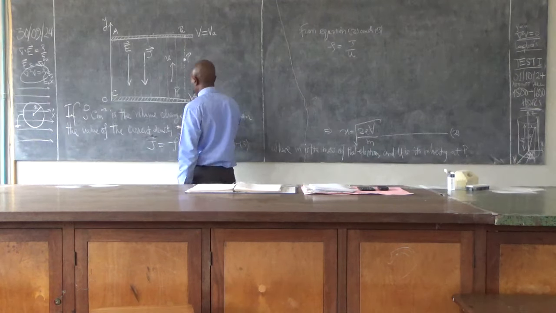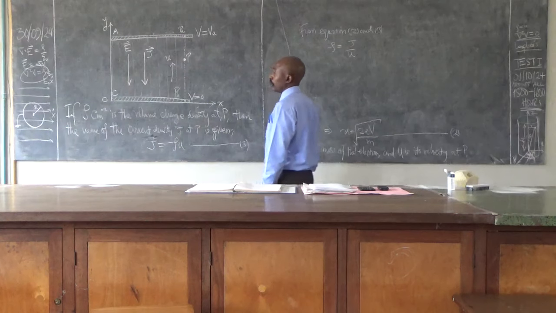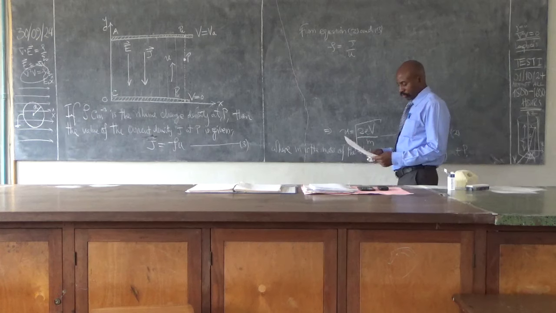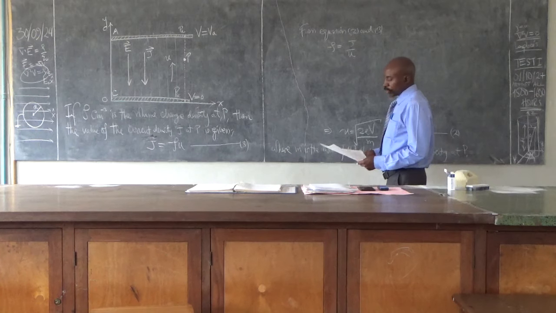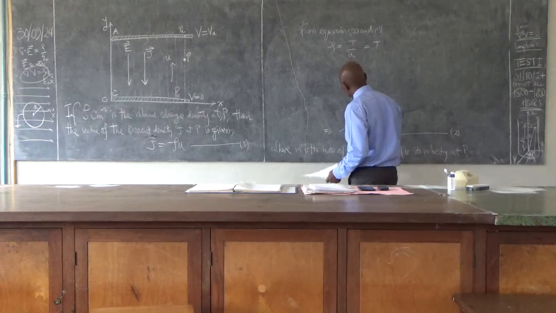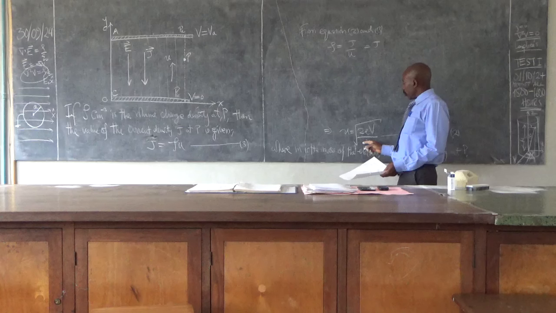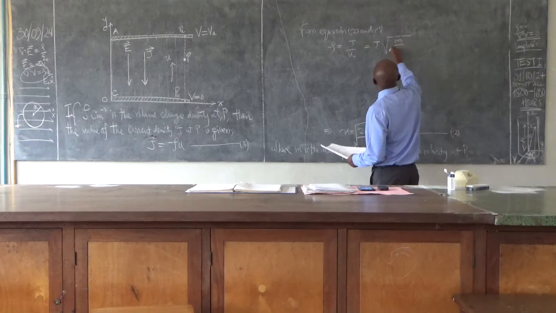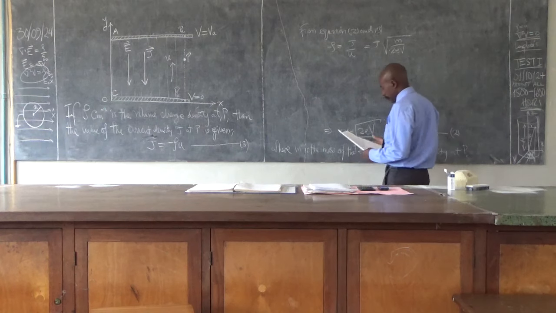It is easier for you because I'm going to be chopping and putting the letters here. So minus rho would be equal to J over U, which is equal to J. U was root 2EV over M, so it will be root M over 2EV.